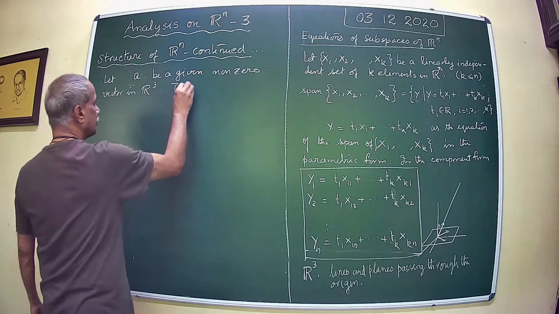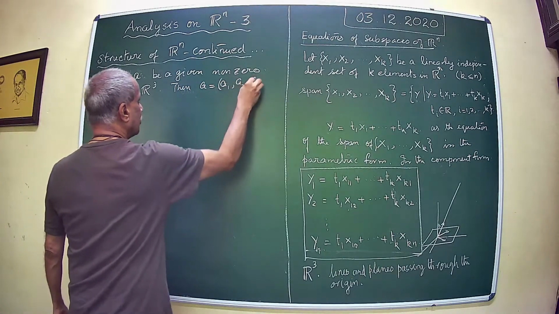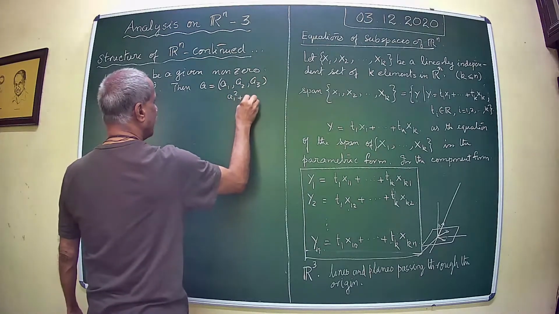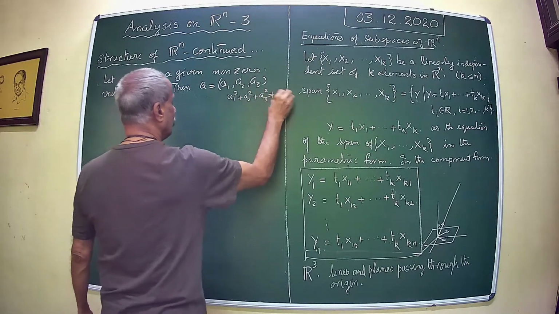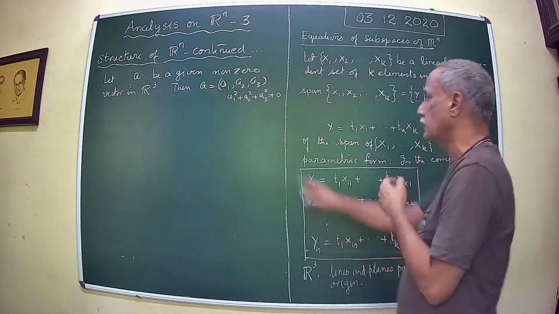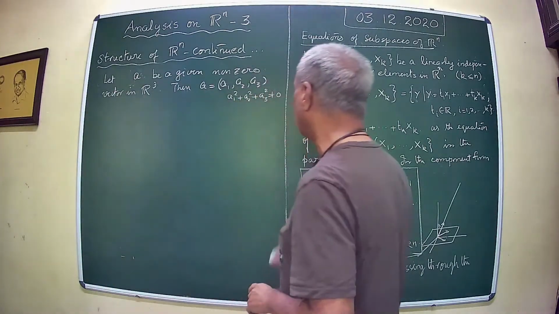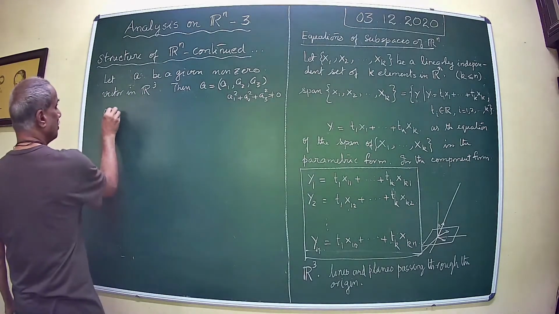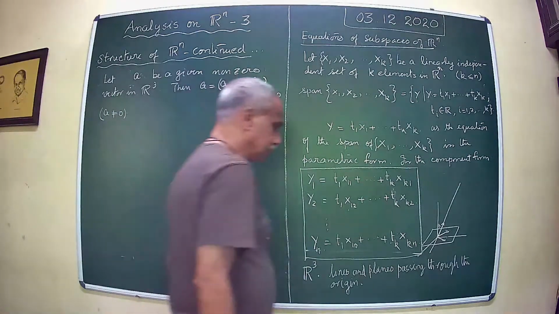Then A equal to (A1, A2, A3) with A1 square plus A2 square plus A3 square not equal to 0. This assures that at least one of the components is not equal to 0, so that A is not equal to 0.